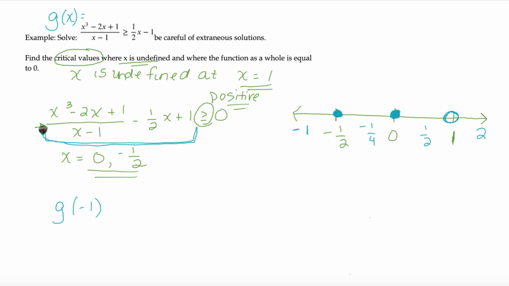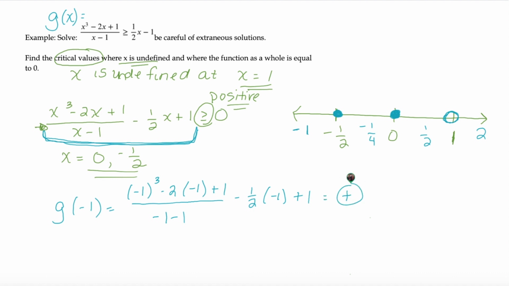I don't need to do any extra steps. When I substitute g of -1, I know you can utilize the order of operations to do this, as well as utilizing a calculator to do this. When I do this, then my graph ends up being a positive value. It doesn't matter what number that is, we just know that it is positive.